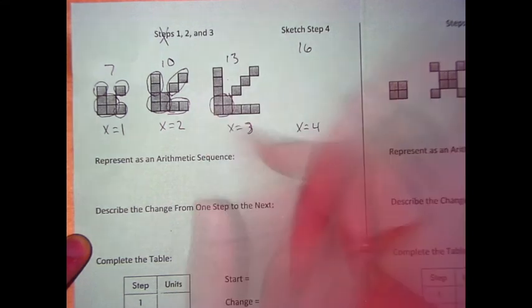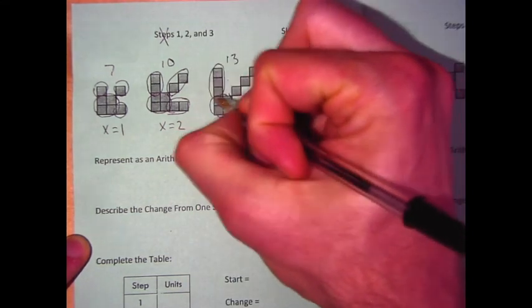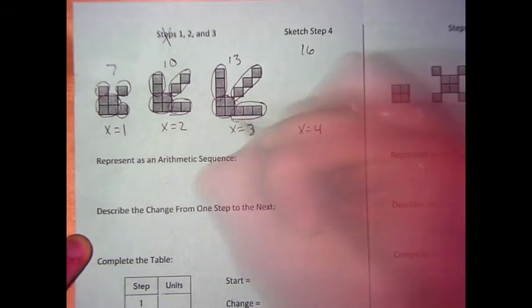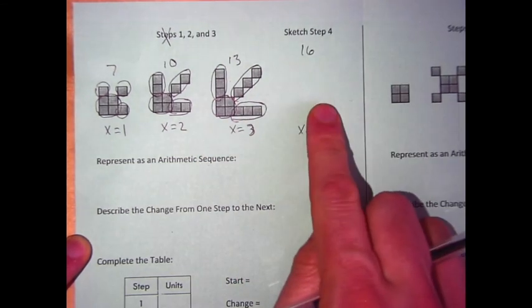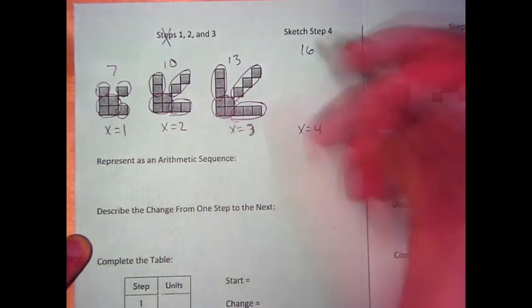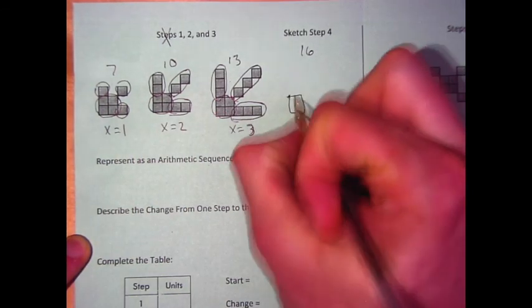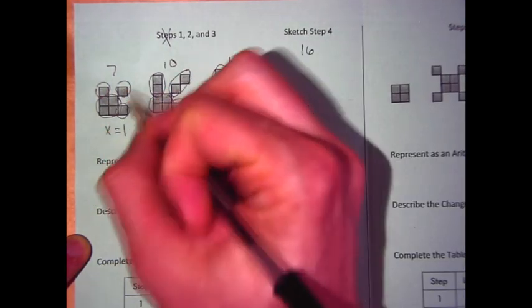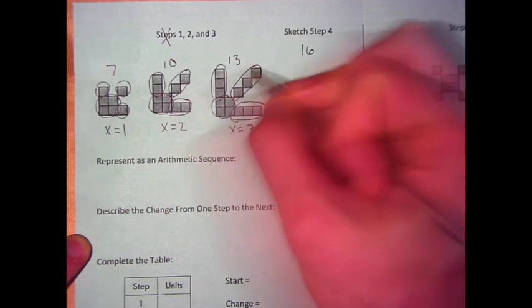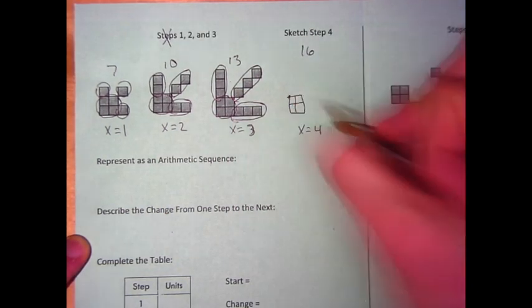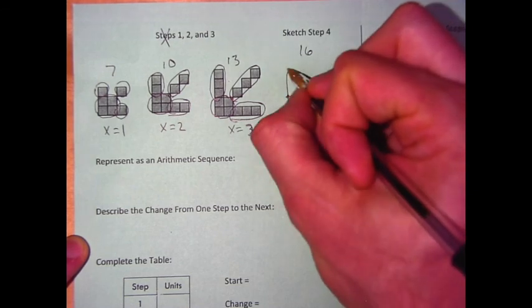Here you have 4, but now we have 3 coming off, almost like arms, right? So if you were thinking about what the fourth step would look like, we have those 4 that we're going to start with, and then instead of arms that are 1, 2, or 3, those arms are going to be 4 for step 4.